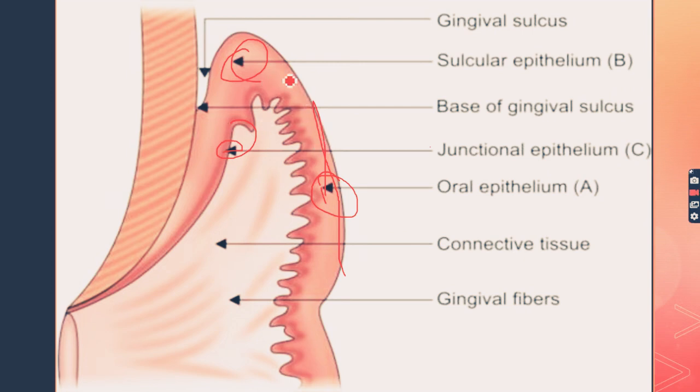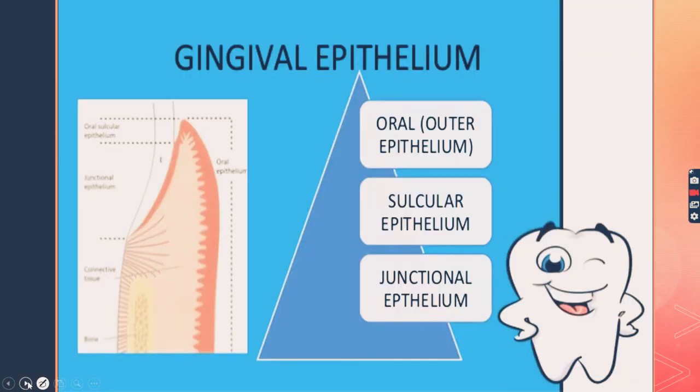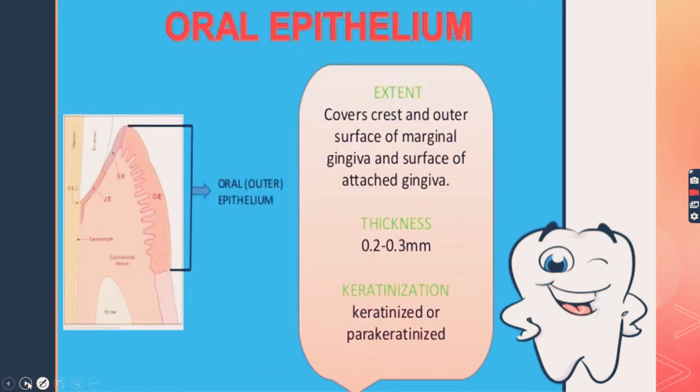Sorry, by mistake, I drew it here like this. But you remember these points, okay? This is important for microscopic feature of the gingiva. So gingival epithelium is divided into outer epithelium, it means oral epithelium, sulcular epithelium, and the junctional epithelium.